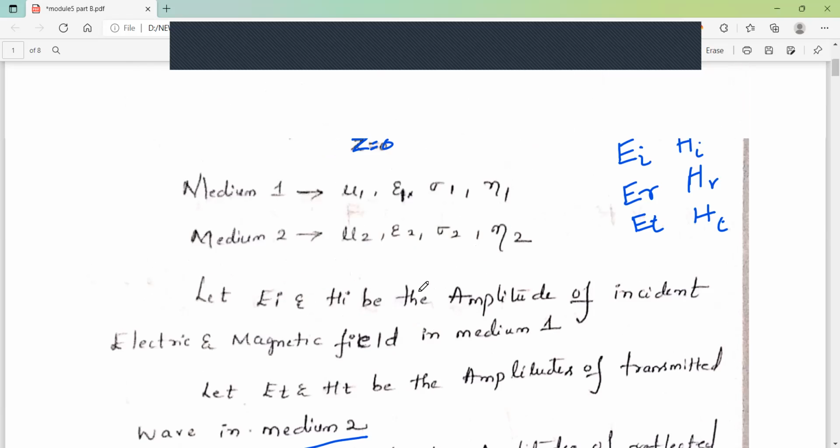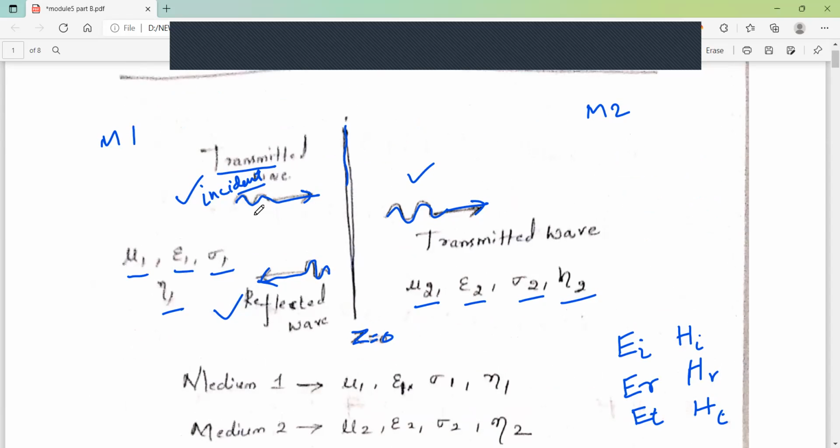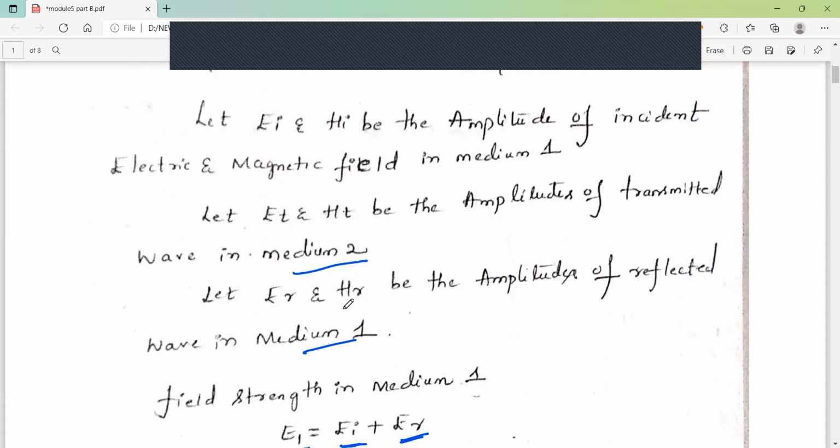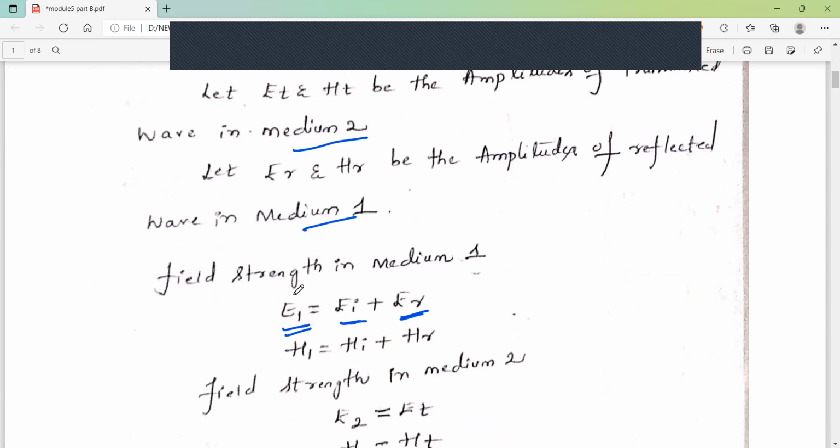As you can see over here, there is no transmitted electric field, only incident and reflected. So E1, that is electric field strength in medium 1, is incident plus reflected. Similarly, magnetic field strength in medium 1 is incident as well as reflected.